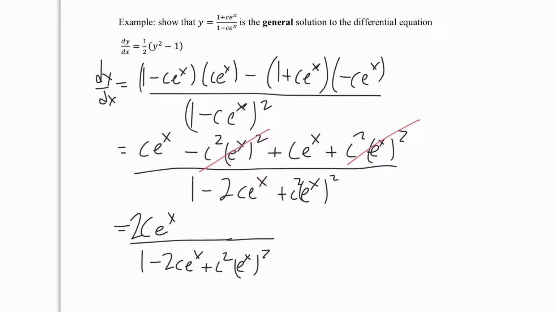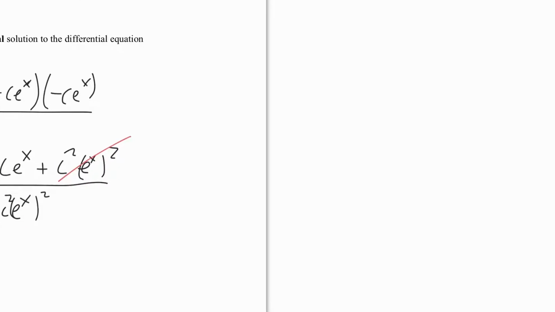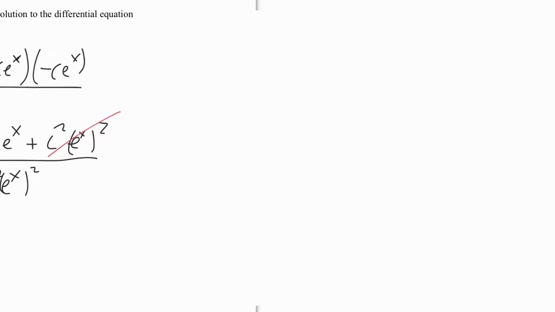All right, now let's see if we can come up with the same answer on the right-hand side. So we have 1/2, and then we have y squared, so ((1 plus c e to the x) over (1 minus c e to the x)) squared minus 1.